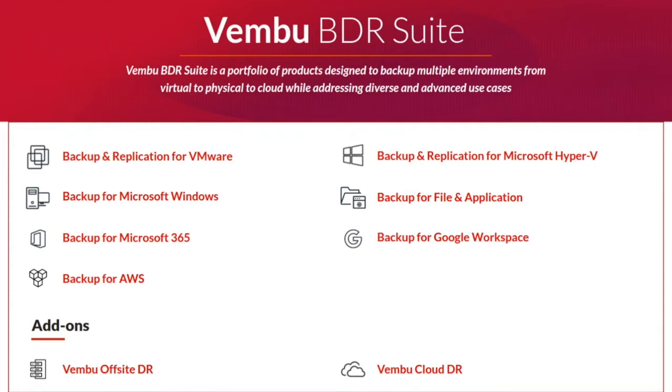After this, we have a backup for AWS. Using the cloud native APIs, we can take a backup of the AWS instances that you run in your own AWS cloud. And we have SaaS-based applications. You can take a backup of your Microsoft 365 and Google Workspace, and you can restore them.